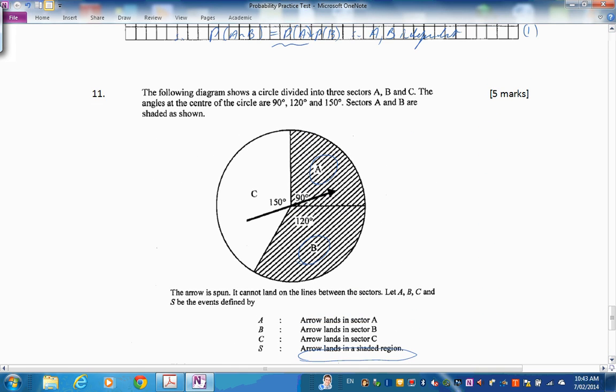So here we want the probability of A given that S occurs. So what is that? That's going to be 90 out of 210, isn't it? Yeah, 90 out of 210. Done that way because we're given the reduced sample space is S. This is how many are in S, the shaded region, and this is the probability of A given that S has occurred.